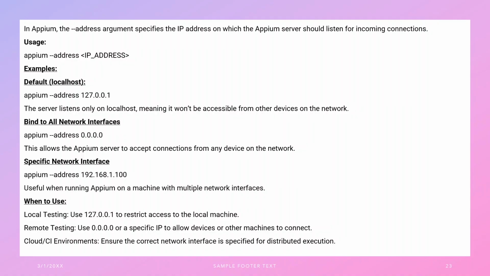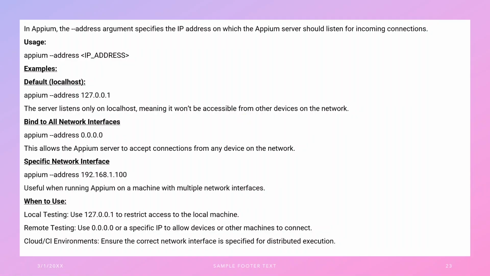To use localhost, we use apm double hyphen address argument, and we provide 127.0.0.1, the IP address to access localhost. When you use this IP address, the server listens only on localhost, meaning it would not be accessible from other devices on the network.